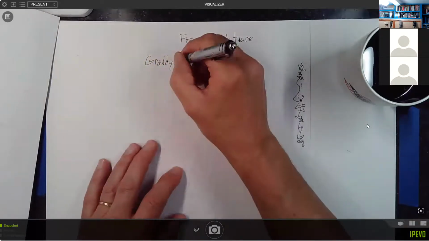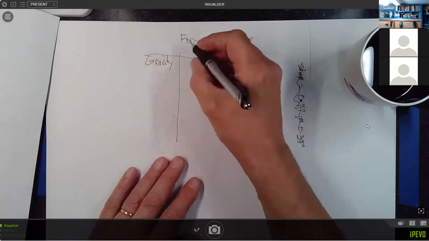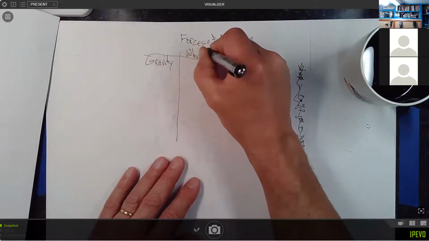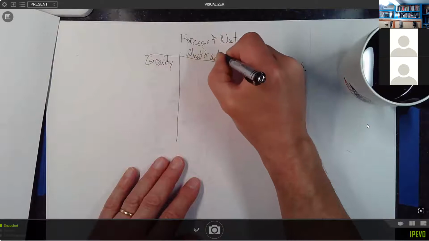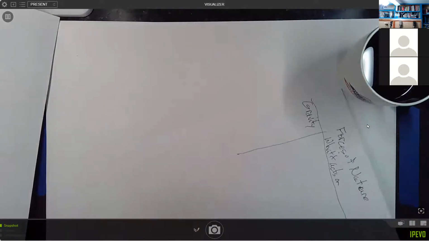I'm going to name each force and list what it acts on. Actually, this would be better if I did it sideways on a piece of paper.